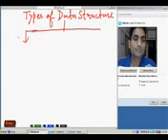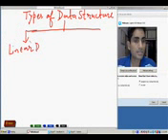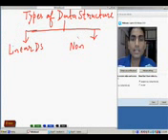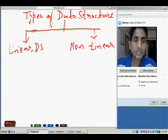Number one, linear data structures, and the other is non-linear data structures.